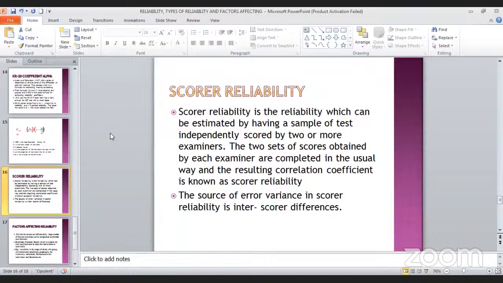The resulting correlation coefficient is known as scorer reliability. That means even if we allow the examiners to rate the responses, the ratings they give should come closer. Only then will we get this correlation coefficient.